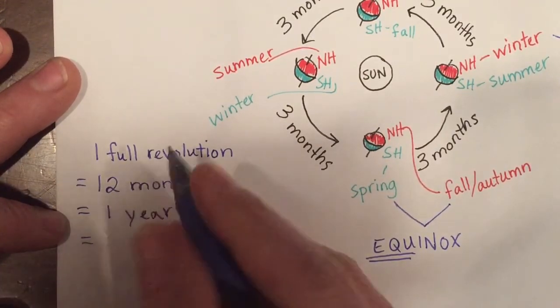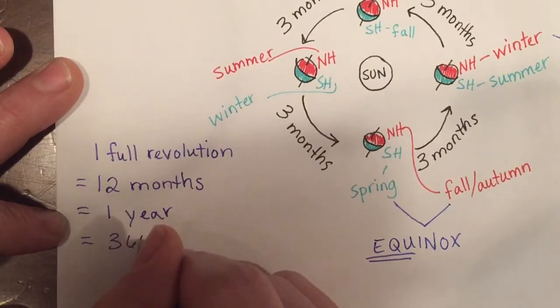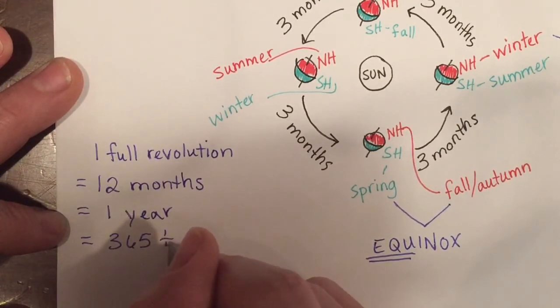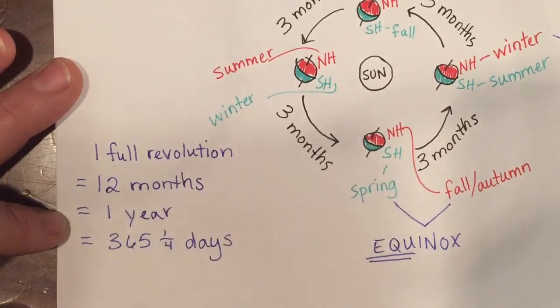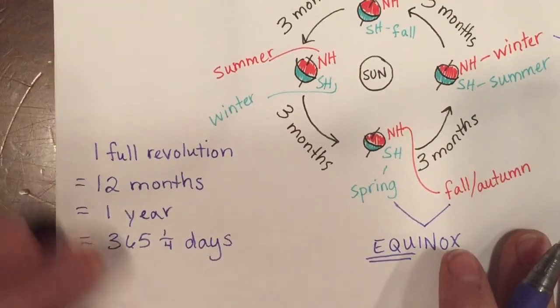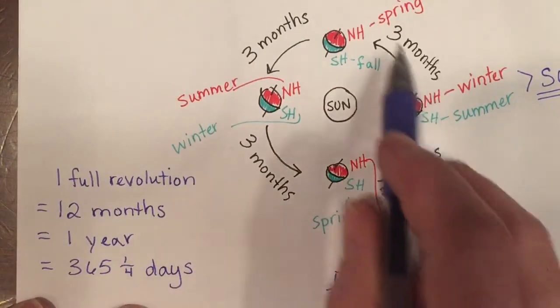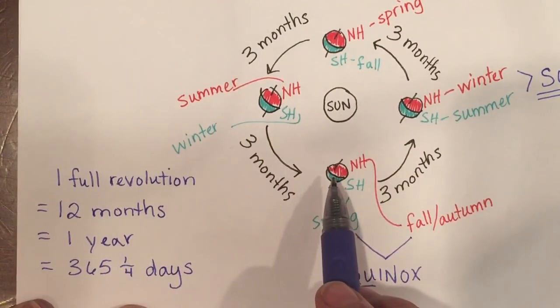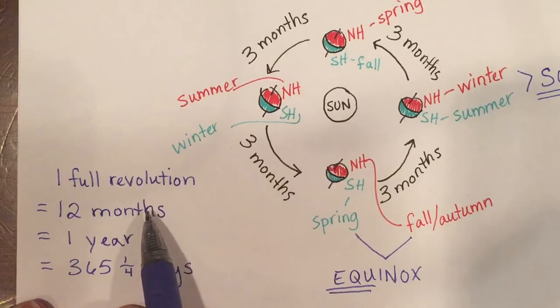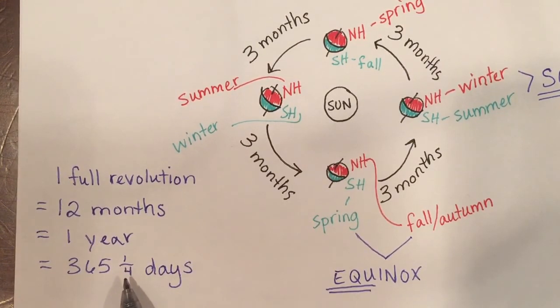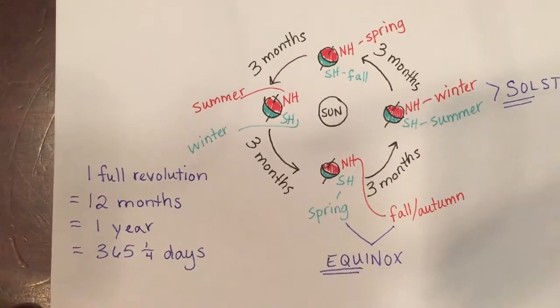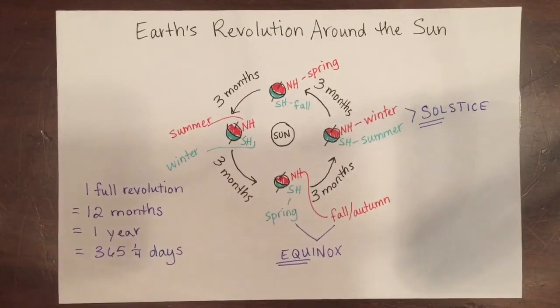And specifically, that is 365 1/4 days. So for the Earth to revolve around the sun one time, it takes 12 months, which is equal to 1 year, which is equal to 365 1/4 days. And that's it.